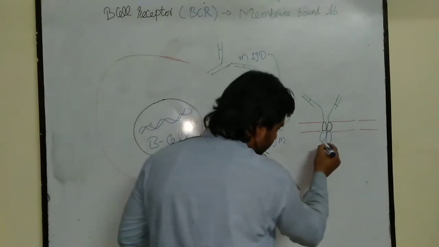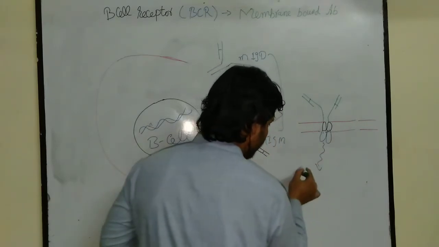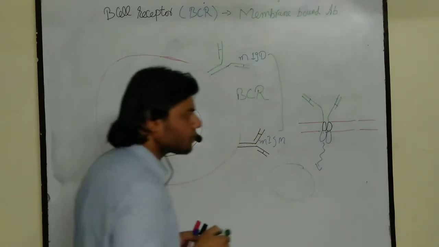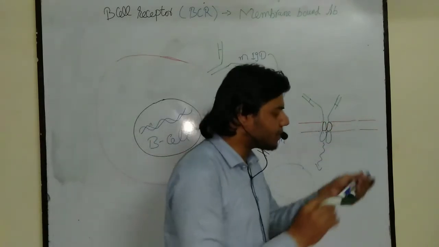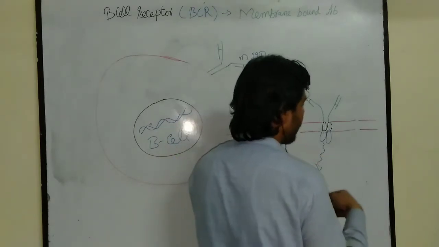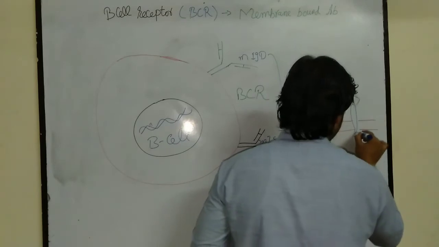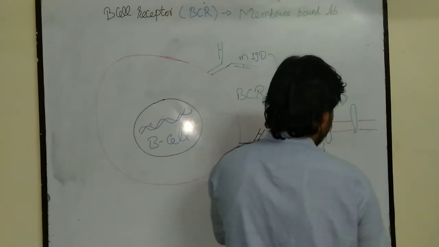Both actually provide the signal to the nucleus of the B cell. Let's suppose this is the nucleus. With this B cell receptor, there are some other accessory protein molecules which are glycoproteins, and these are also receptors. Let me draw the first, and this is the second.